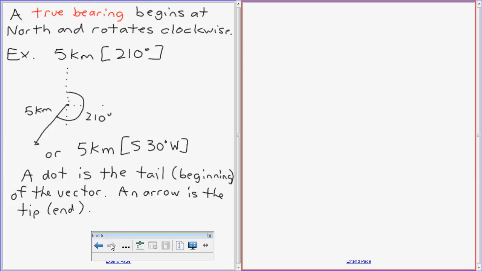So we're going to say two vectors are equivalent if they have the same magnitude and direction.